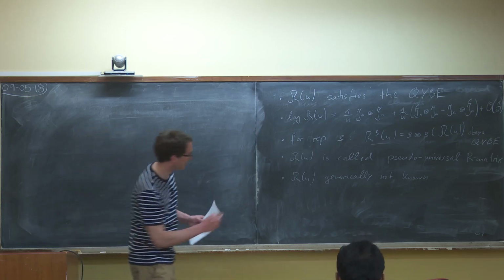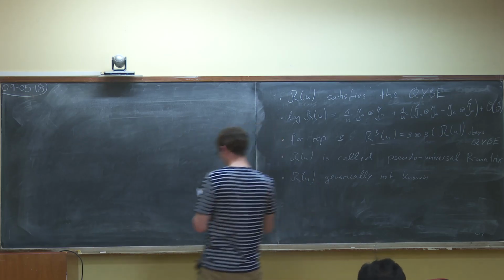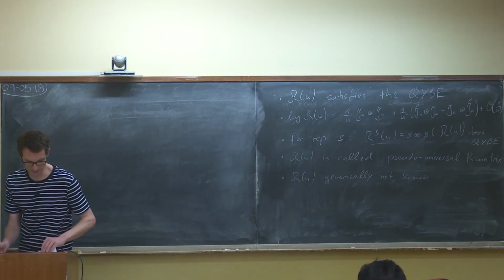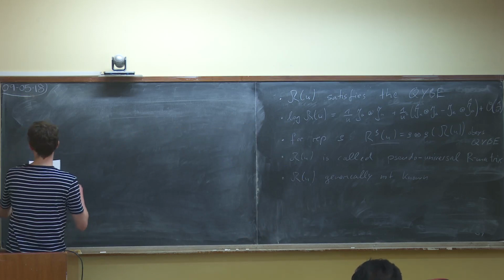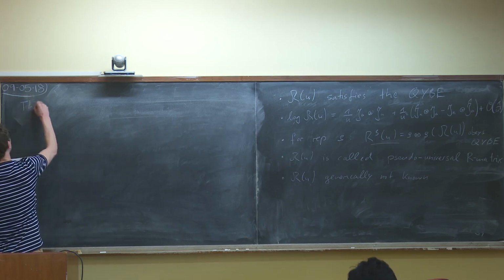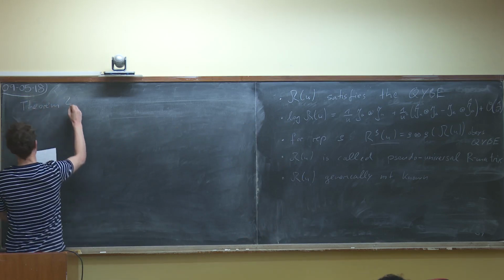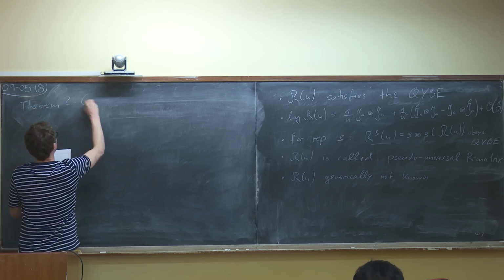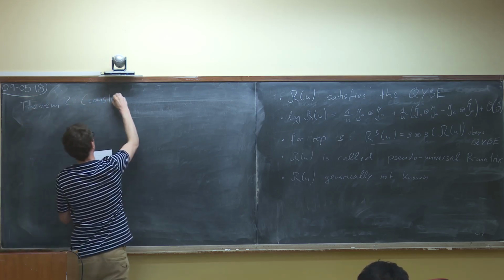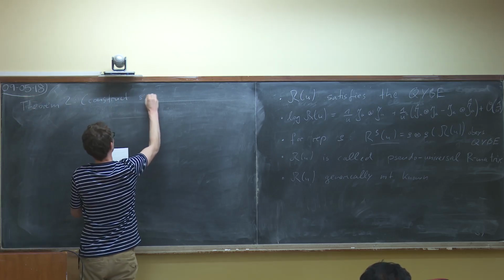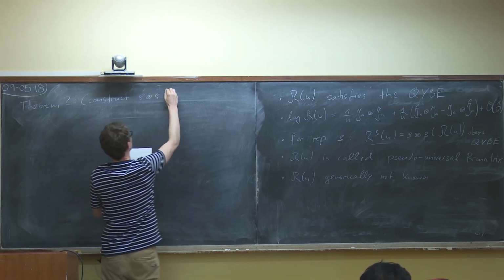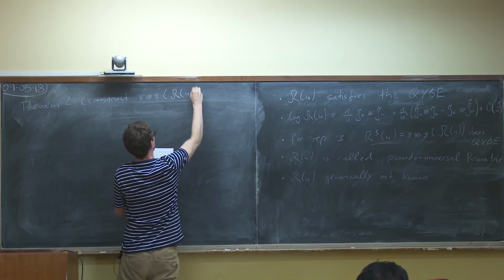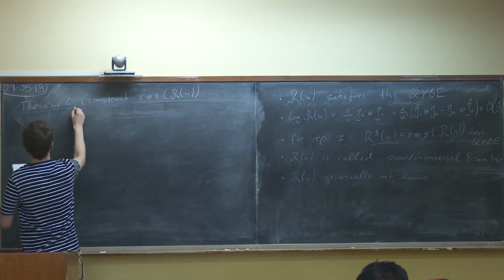So actually, in order to determine what this thing is, there is a useful additional theorem which basically tells you how to construct a representation of this thing.